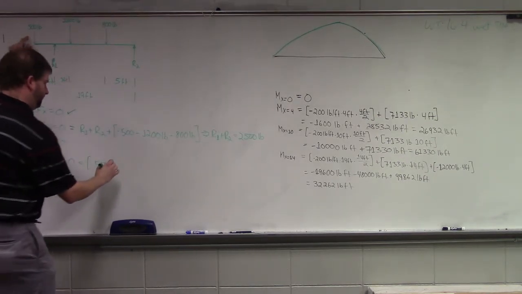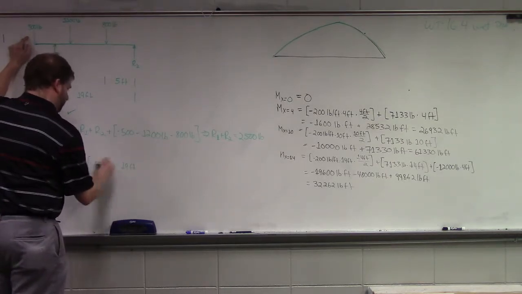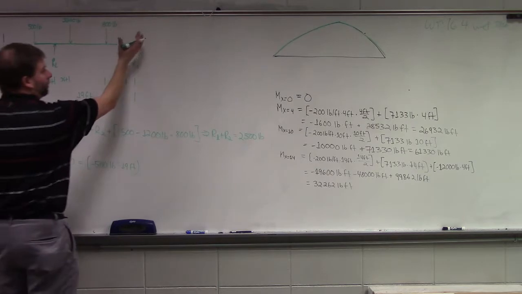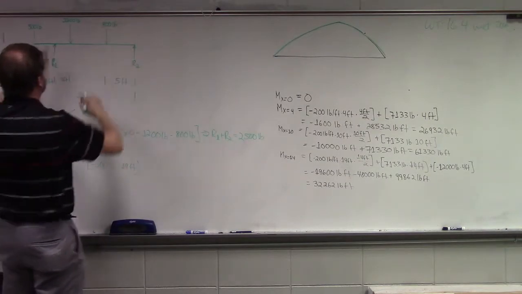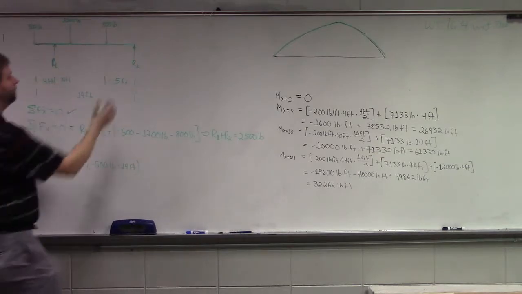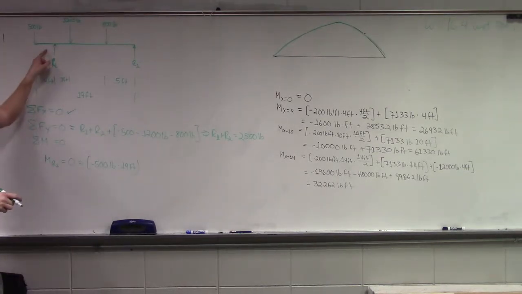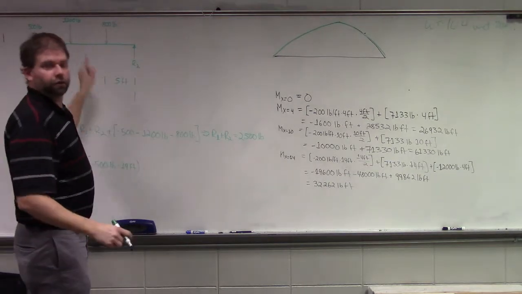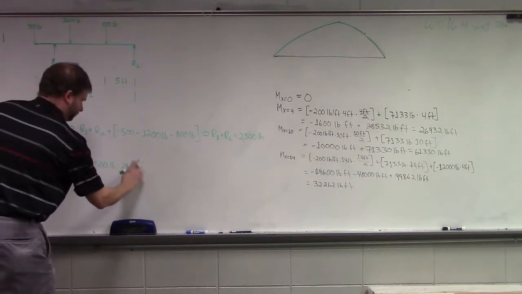So would it be 500 times 19? Would it be negative? Remember that these loads on top are going to try and rotate it this way, and our reaction at R2 is going to try and rotate it that way. That's why I said negative. That makes sense.